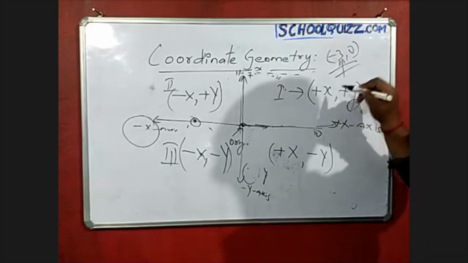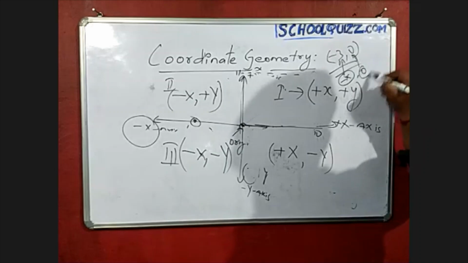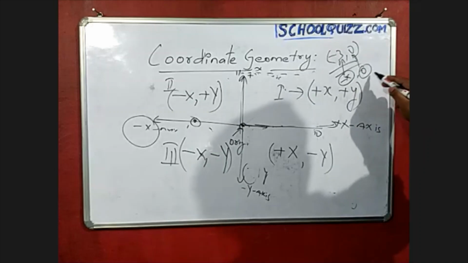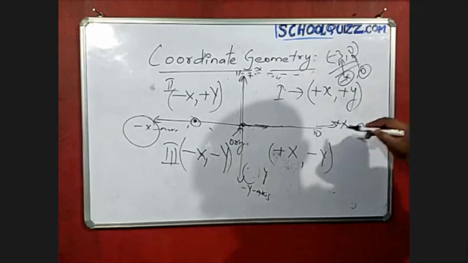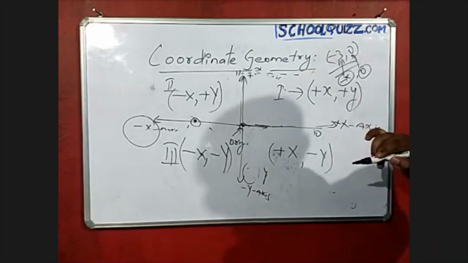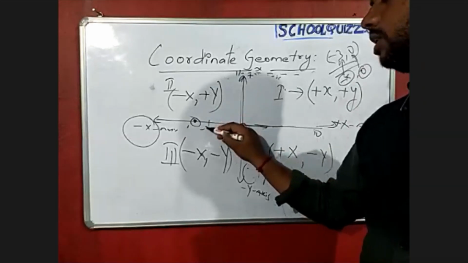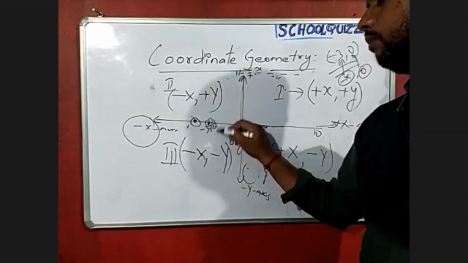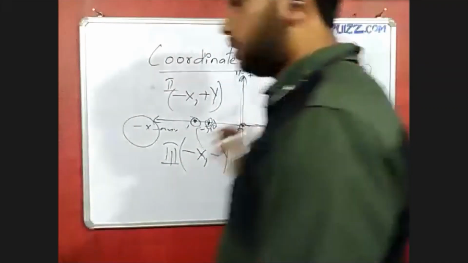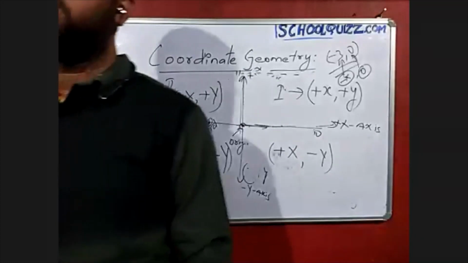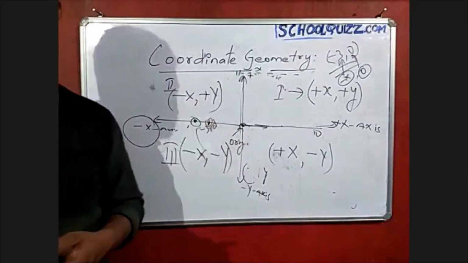From this we can say it is on the negative x-axis, and since the y coordinate is 0, the point is not moving toward the y-axis. So it lies on the negative part of the x-axis. By seeing the coordinates, we can identify which quadrant, or where, the point lies in the coordinate system.